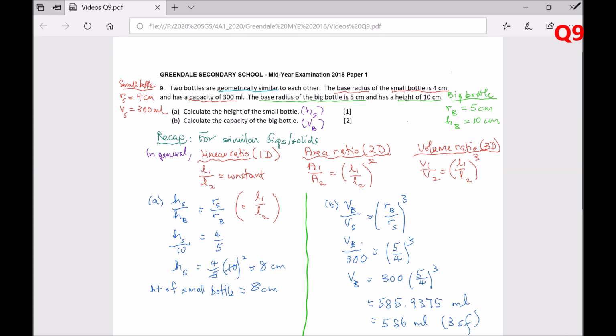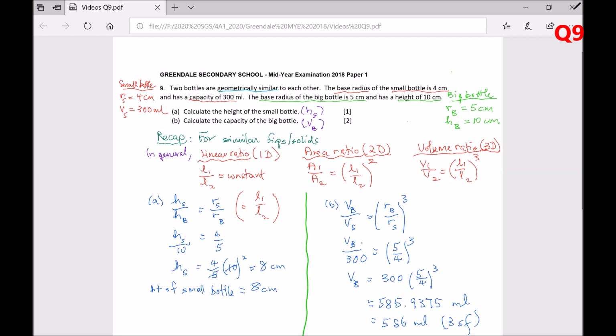In part A, we are required to find the height of the small bottle. Now, height as HS over HB is a linear ratio. Similarly, radius of the small bottle over the radius of the big bottle is also a linear ratio.